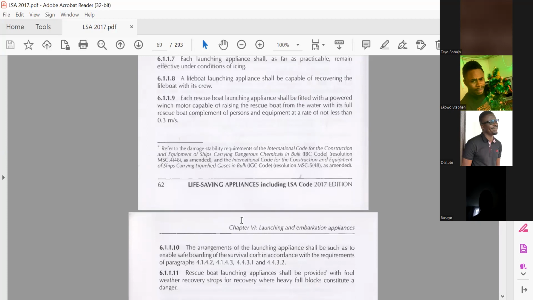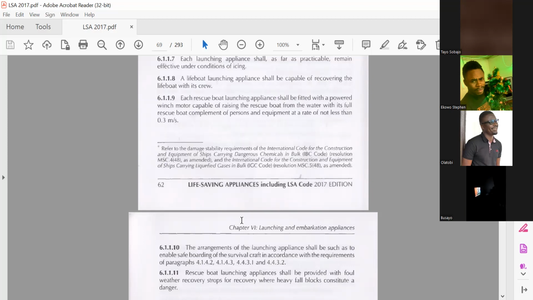Lifeboat launching appliances shall be capable of recovering the lifeboat with its crew. Fine. This one, how do I explain this one without offending the local content ship owners?